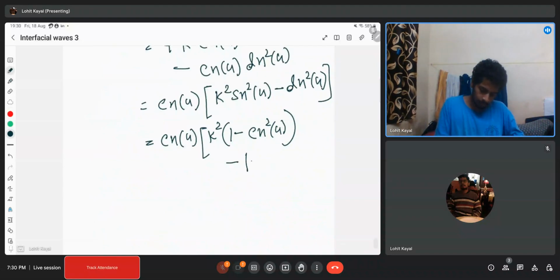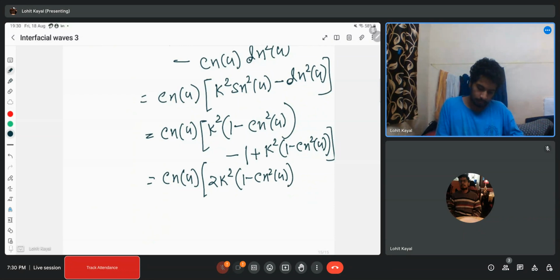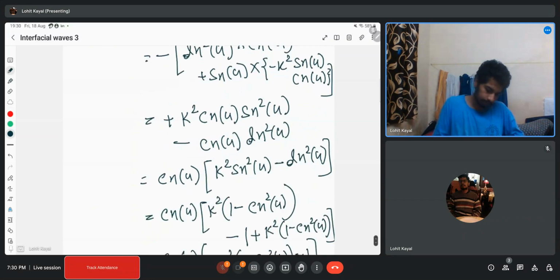So it is minus 1 plus k square into 1 minus cn square of u. So it equals cnu into 2k square into 1 minus cn squared u, minus 1.